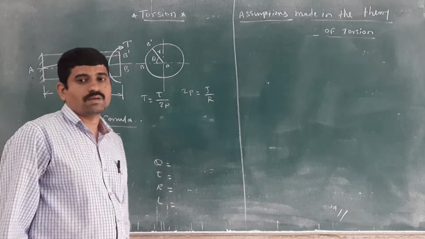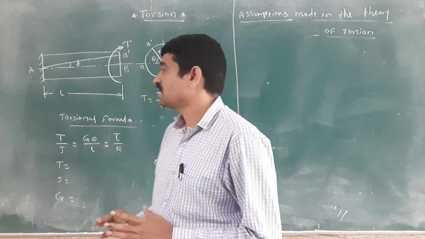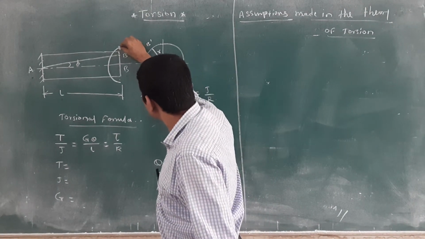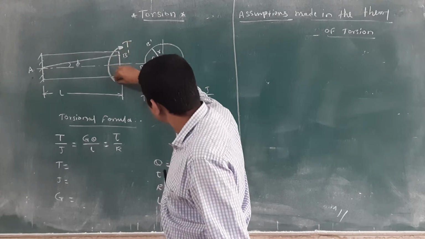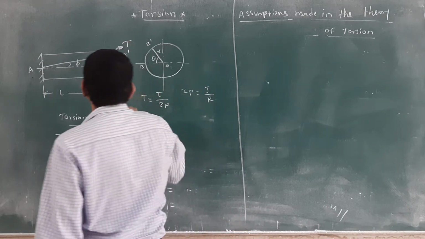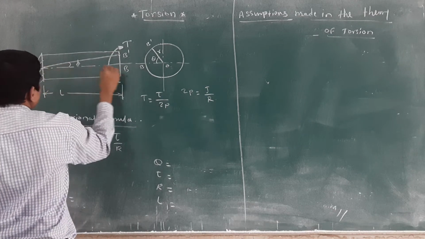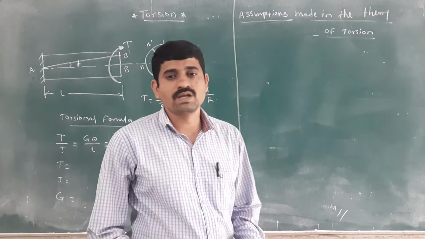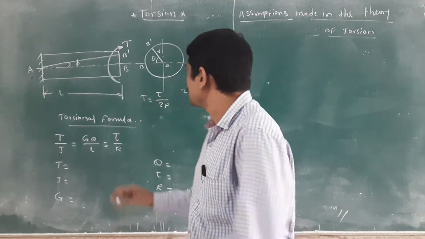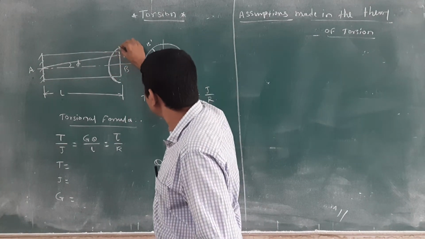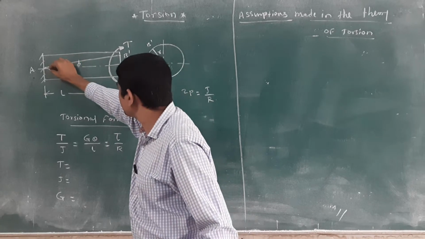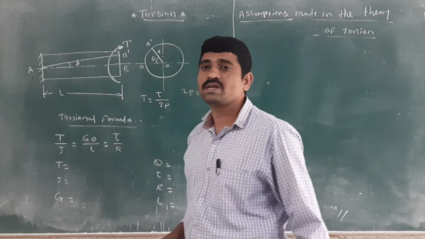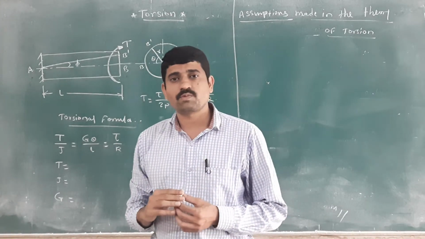The member is subjected to a couple which produces rotation about its longitudinal axis AB, and this is known as a torsion or twisting moment.